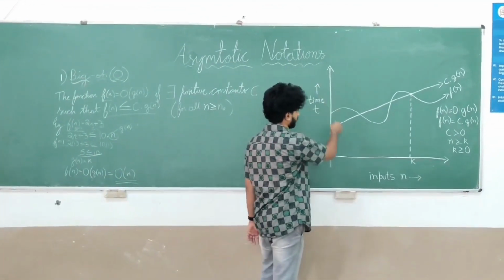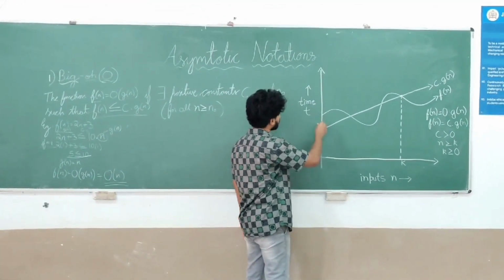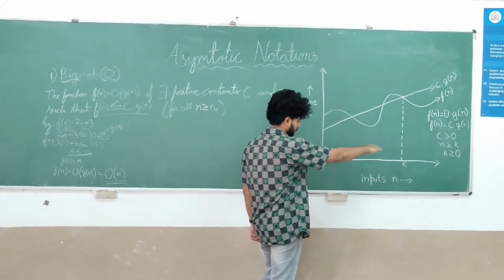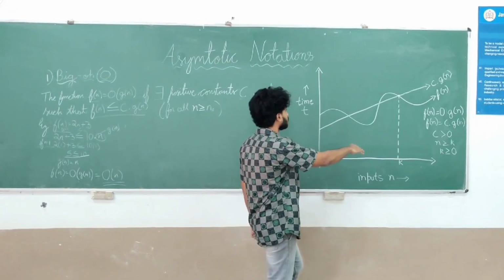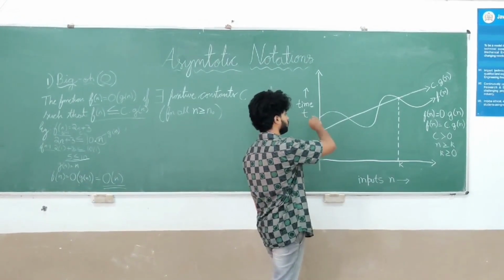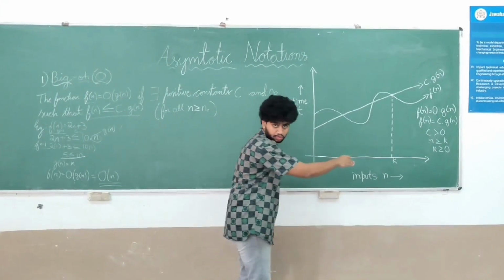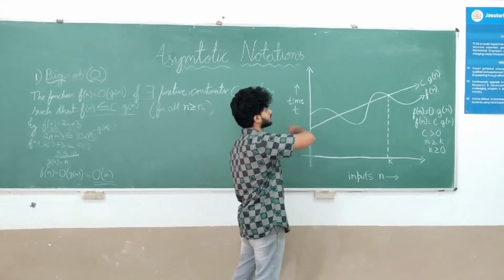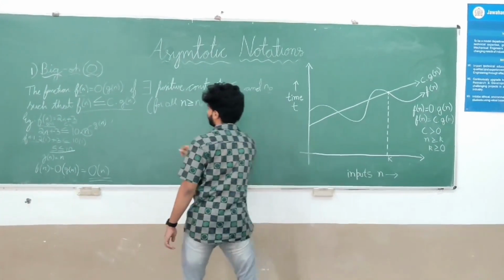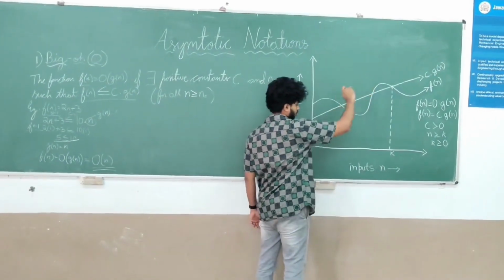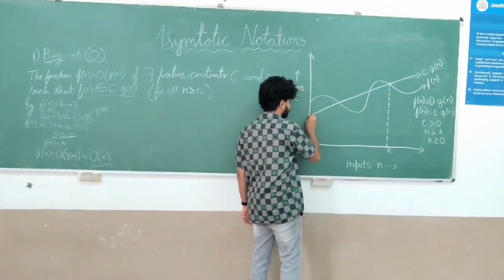And here we have the graph of big O. The y-axis represents the time, and the x-axis represents the number of inputs. So f of n varies with time and the number of inputs, while c into g of n, this value over here, will remain constant after a certain number of inputs.